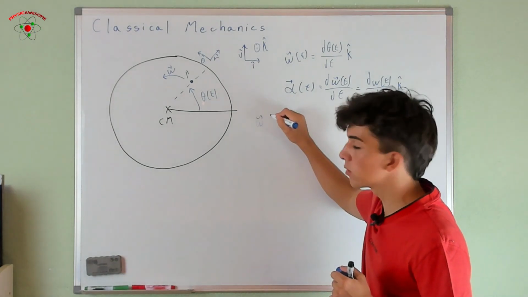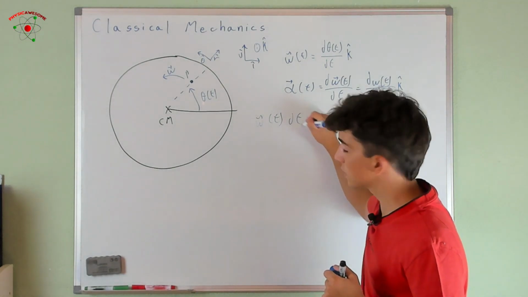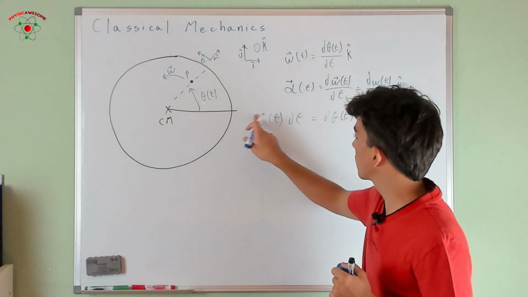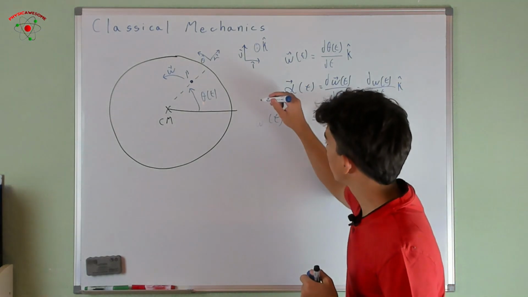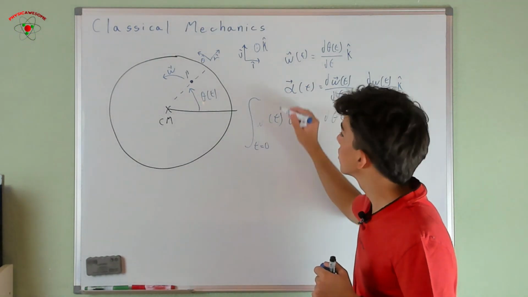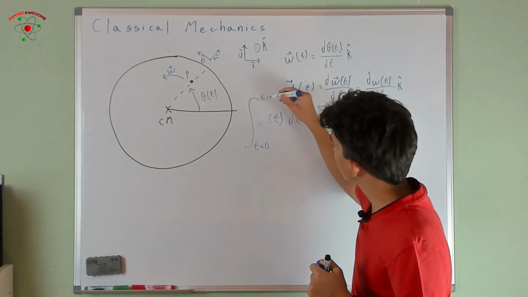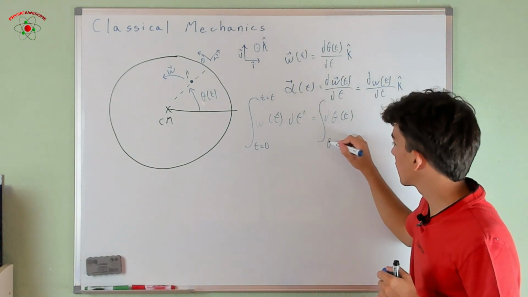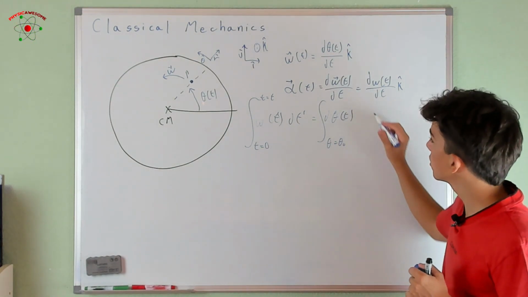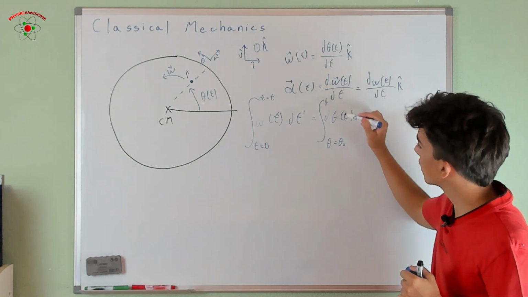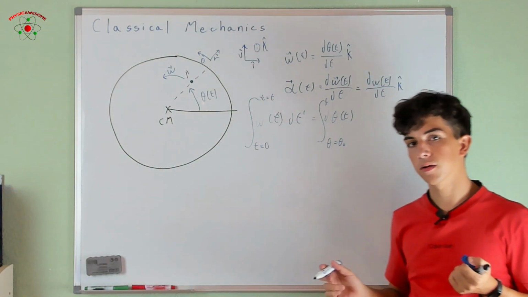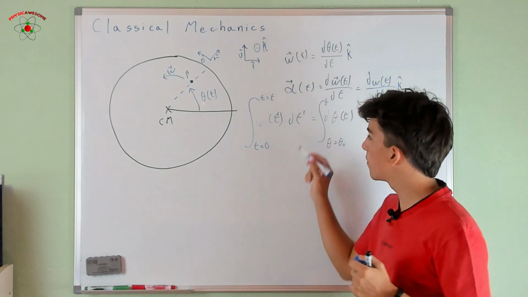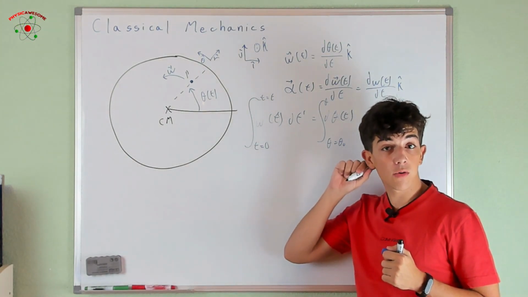If we take w and we're going to integrate this, d theta, let me erase vectors, and we're just going to have some integrals from t equals 0 to t equals t, some primes over here, and the same over here from theta equals theta 0, our initial angle, and theta as our upper limit.